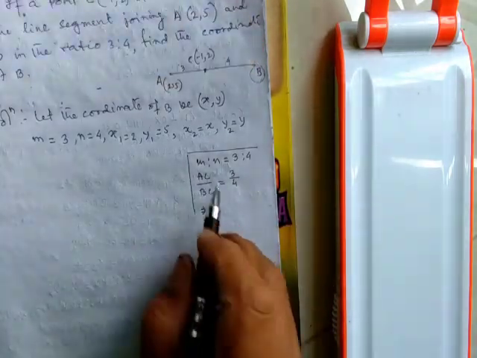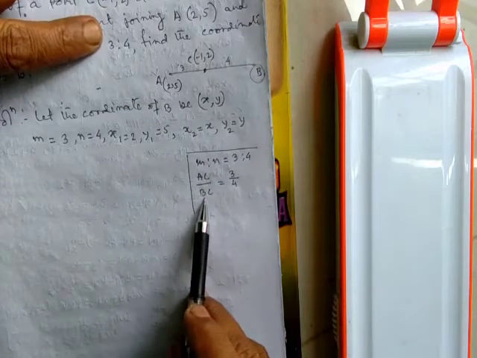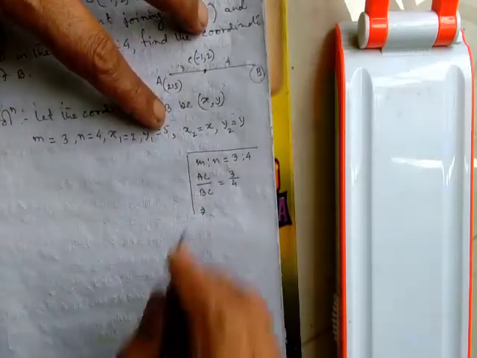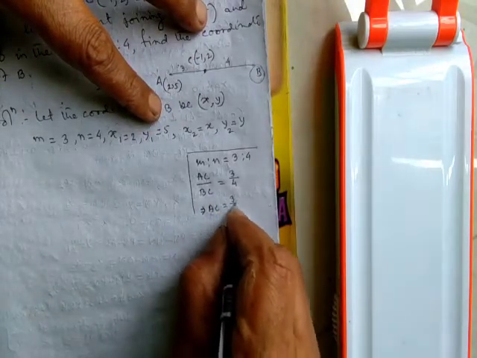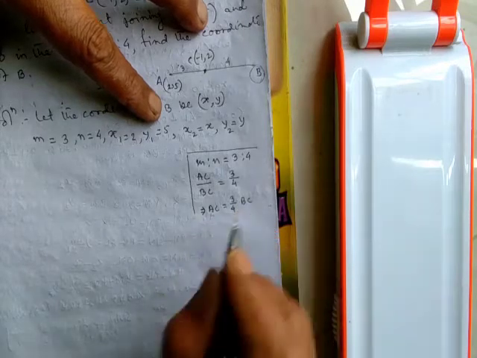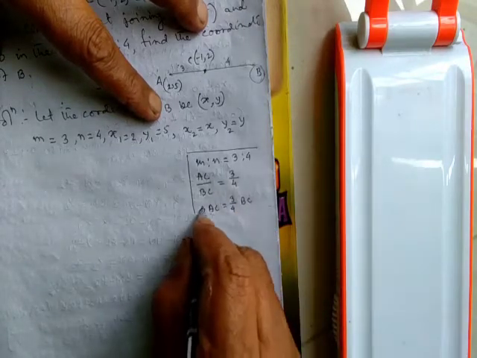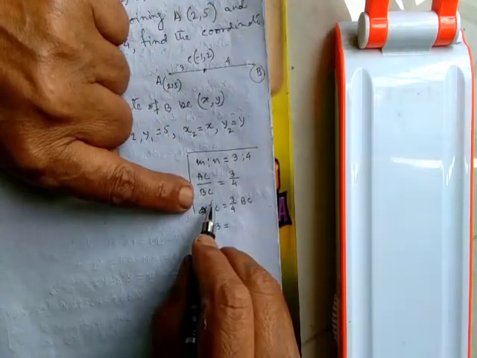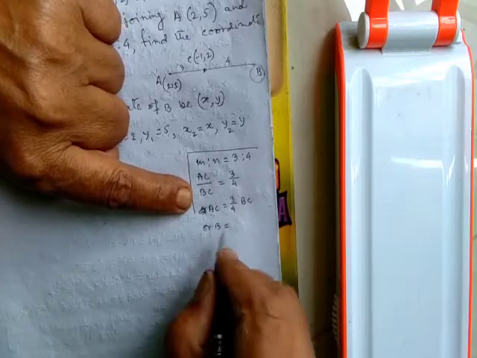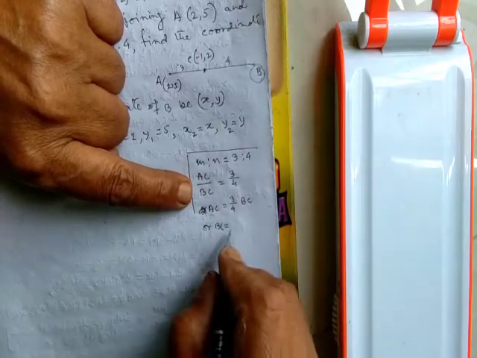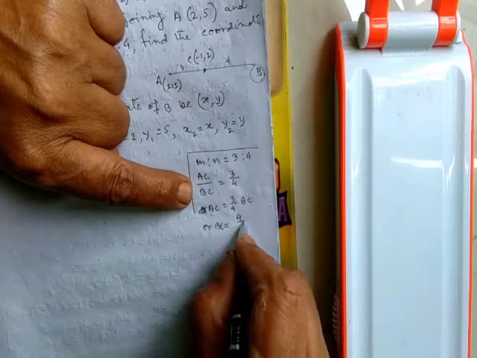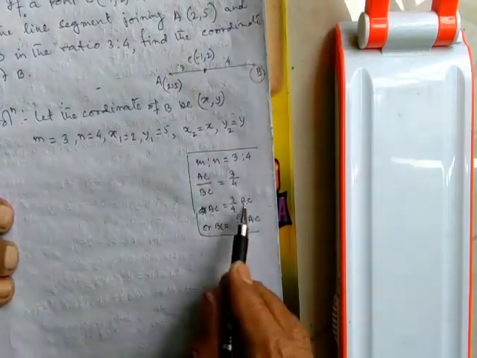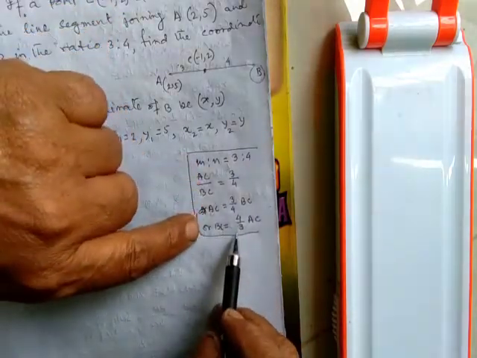Sometimes without giving the ratio they may give AC by BC is equal to 3/4, or they may give AC is equal to 3/4 BC, or BC is equal to 4/3 AC. So the ratio can be placed in different ways.